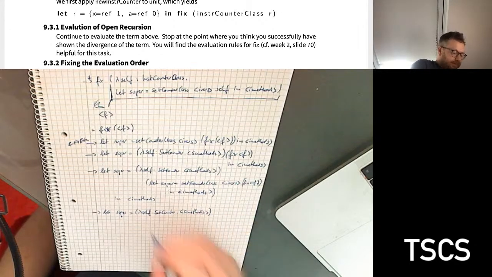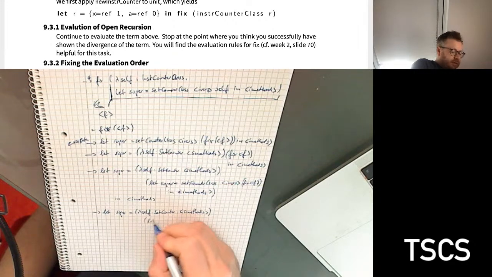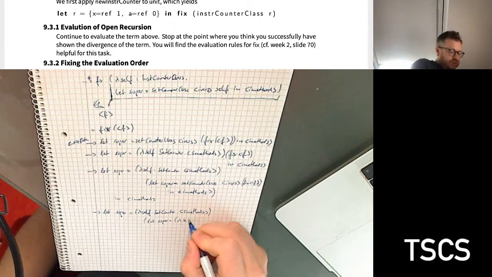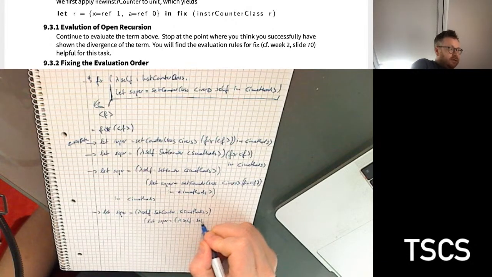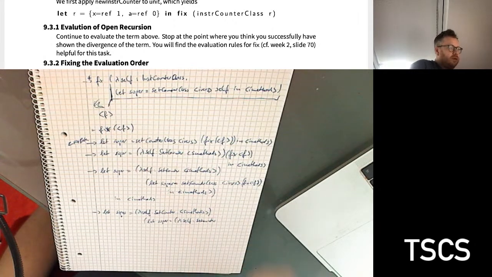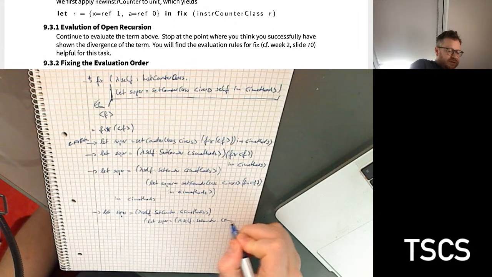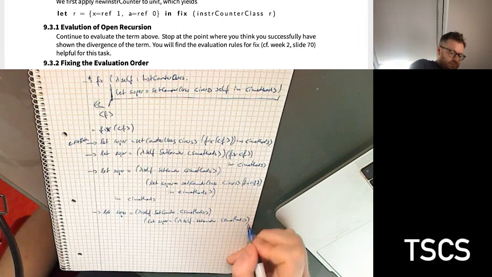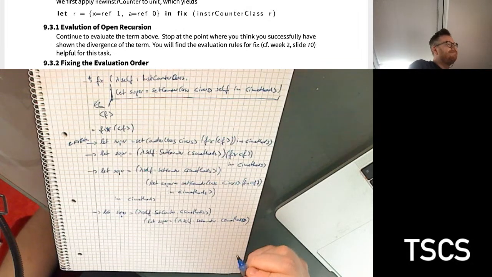Yeah, is that right? Yeah. And then let super be now the unrolled version. So lambda self set counter s methods. Oh, this is the S. Okay.